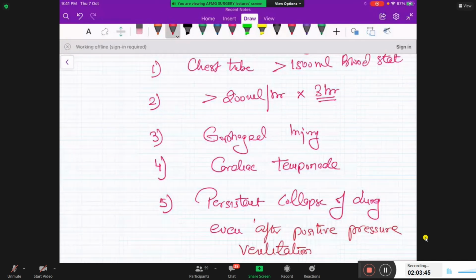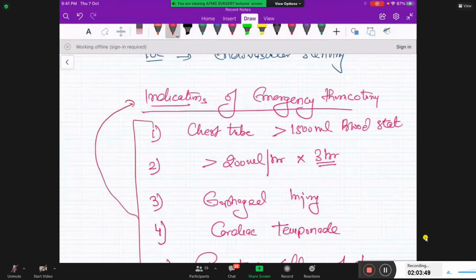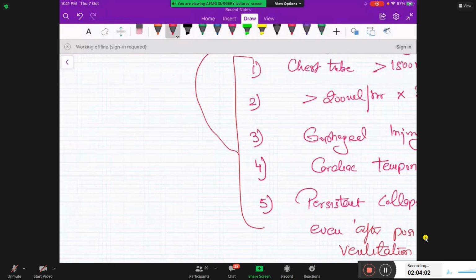These are the specific indications of opening the thorax. Right? If any of these are there in any given question in your exam, you should know that you have to open the thorax. Okay, then one important point, cardiac tamponade.